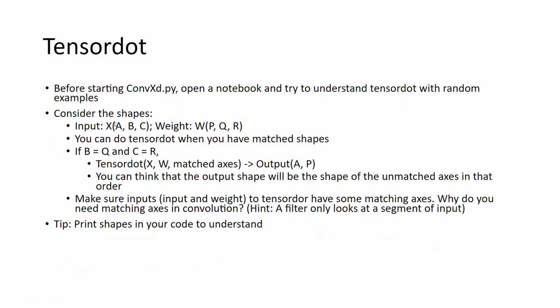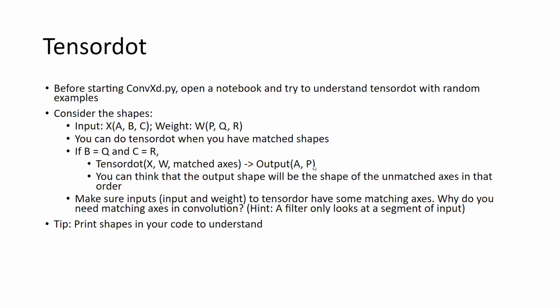The input X is of shape A, B, C, and W is of shape P, Q, R. We can do tensor dot when there are some dimensions along which the shapes match. So in the case when B is equal to Q, which is the second dimension of both X and W, and C is equal to R, we can do a tensor dot operation that will take in X and W and will return the output of shape A, P.